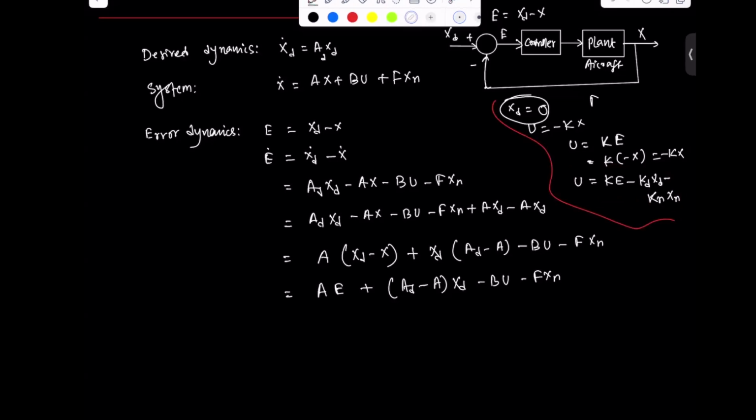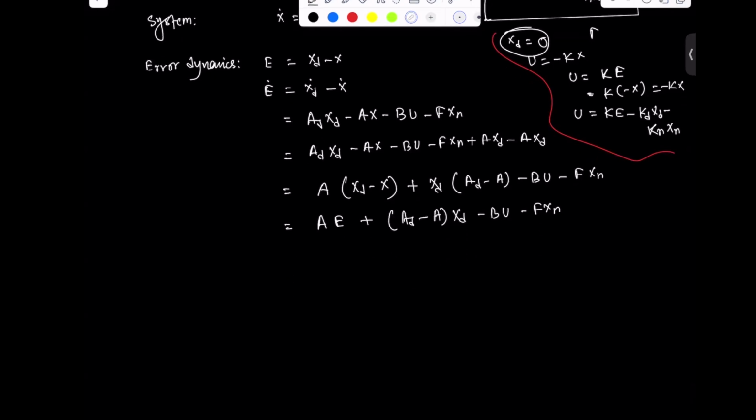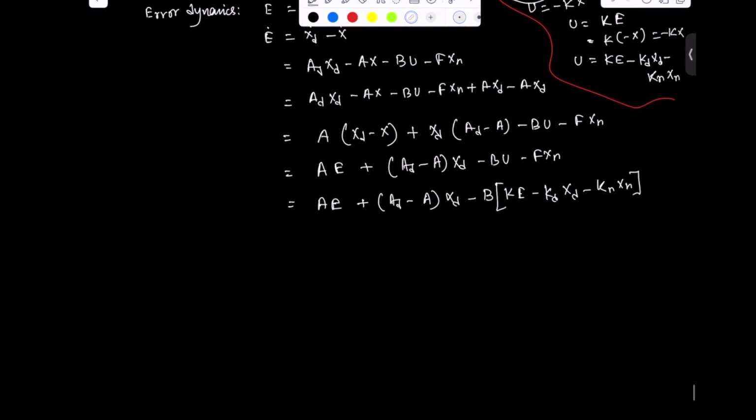So now we can come back here. So here we can write A plus AD minus A xt, and in place of u we can write Ke minus Kd xt minus Kn xn, right, and minus f xn.